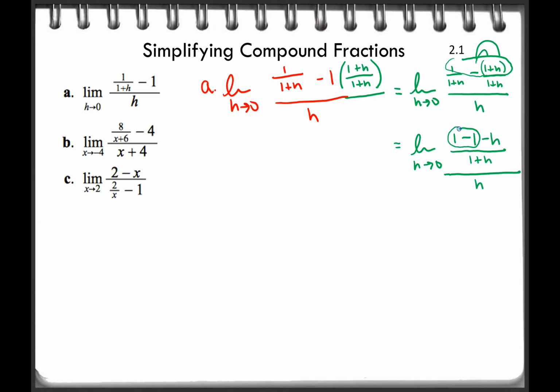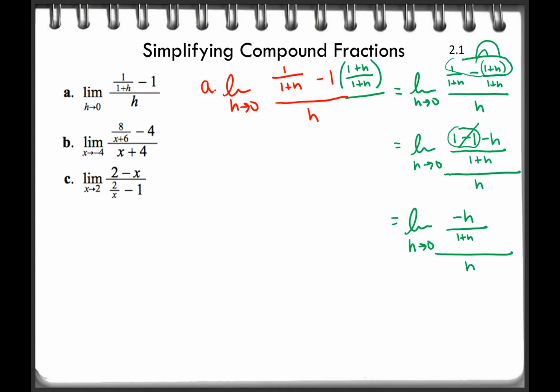I get left with a 1 minus 1, which is 0, so that disappears. So that's going to be equal to the limit as h approaches 0 of negative h over 1 plus h, divided by big H.